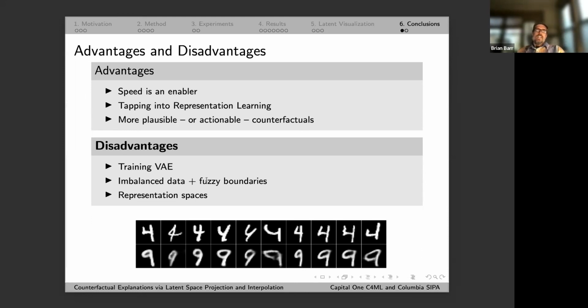Disadvantages, however: there's definitely one around training the variational autoencoder, or this could also be put in the advantage column, because if it were straightforward, I would not have had the collaboration with Matt, and we would not have had the opportunity to work on this together. This is not just an off-the-shelf push-button kind of thing. It takes thought and consideration and multi-objective optimization in terms of tuning it.